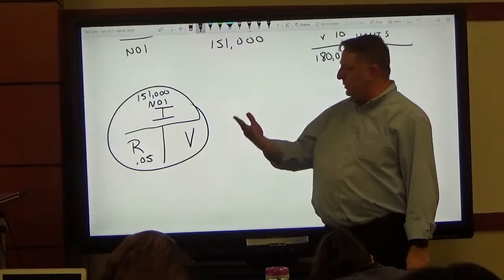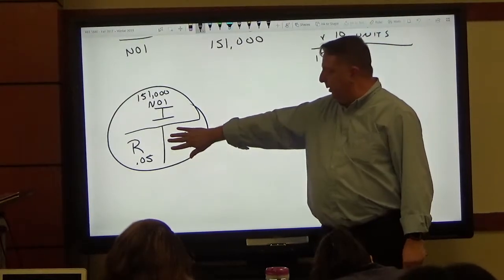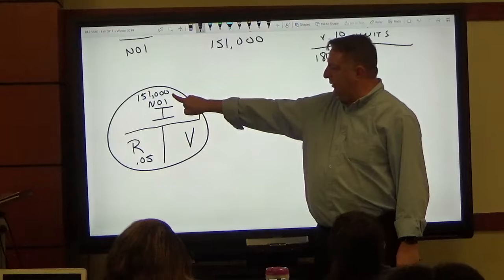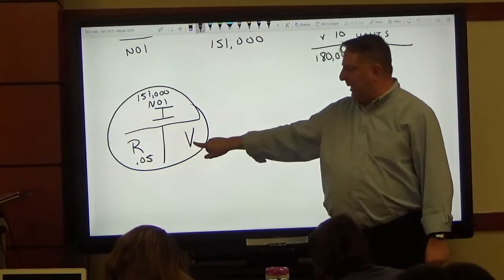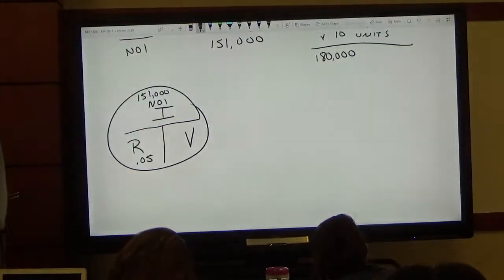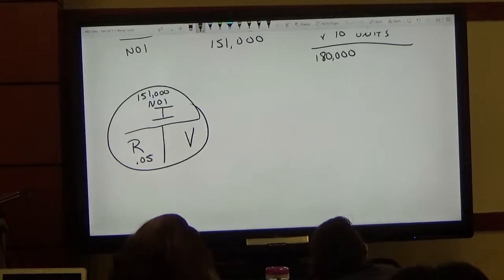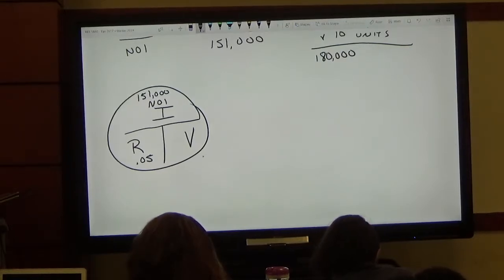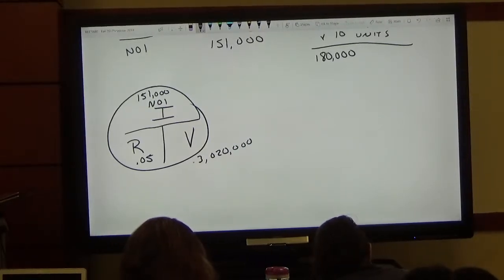So to establish the value for this property, we cover up the value, take the income, divided by the cap rate, and that gives us value. So 151,000 divided by 5% would mean this property, to attract investors, could be priced at around $3,020,000. Does that make sense?